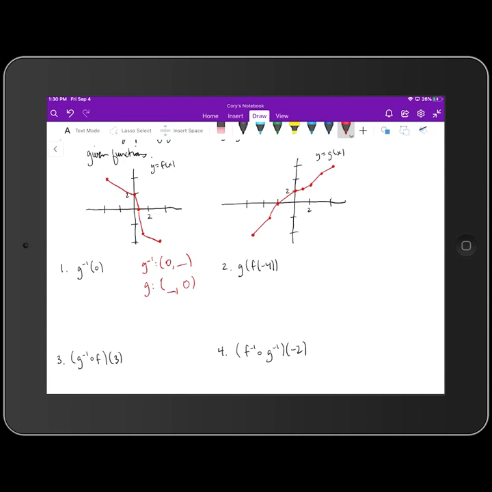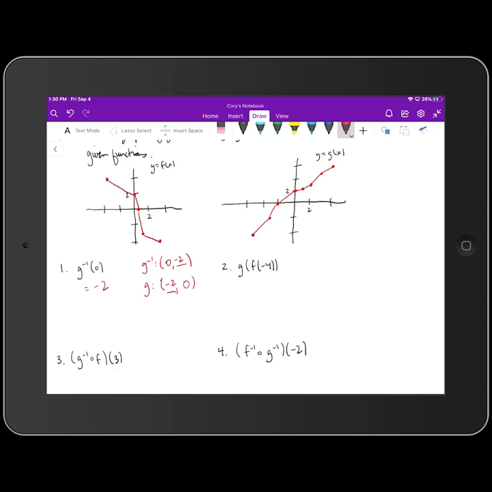So on the graph of g, I'm looking for the input that gives me an output of 0. When I look at the graph of g, what x coordinate gives me a y coordinate of 0? That's the x coordinate -2. Which means that on the graph of g inverse, when I switch the x and y coordinates back, g inverse of 0 is -2.